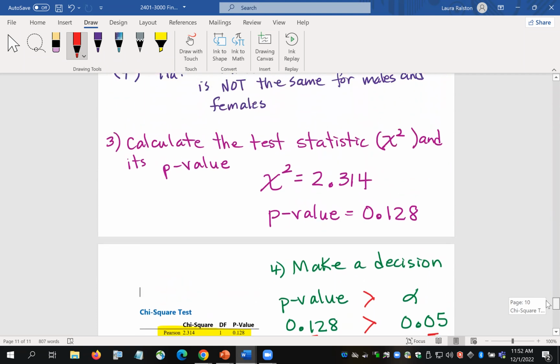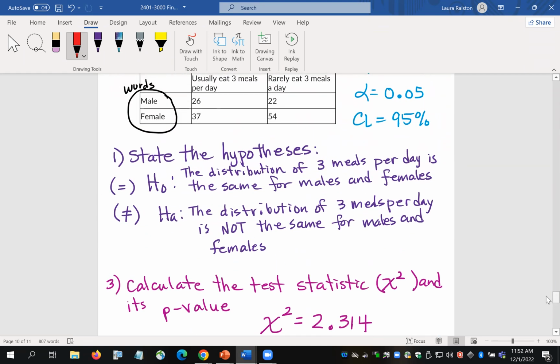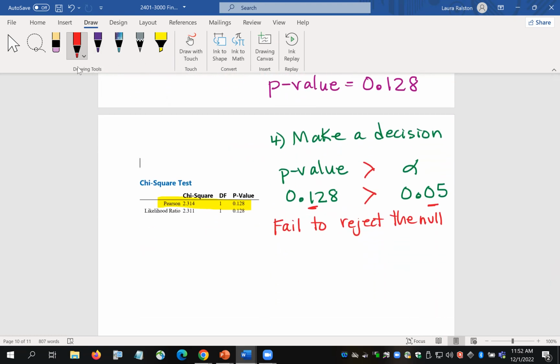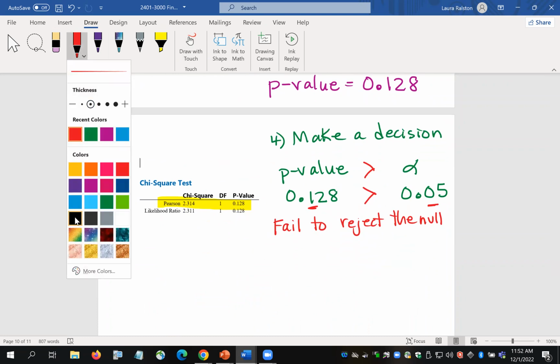In this context, that means the null is true and the alternative is false. So the distribution is the same for males and females based on the evidence that we have.